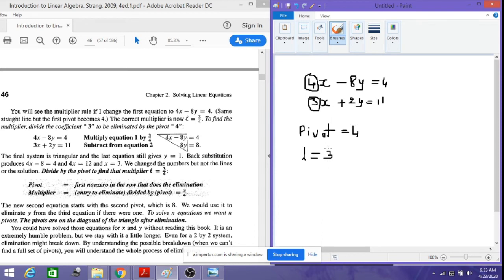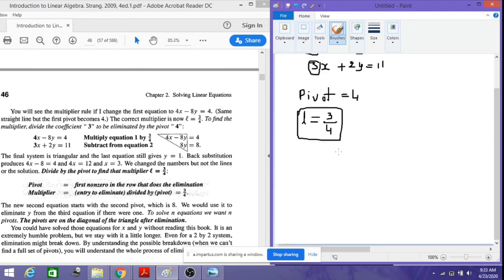If I want to remove this, it should be in a form something like this. So now my multiplier, I have to take L equal to 3 by 4. Let's see how this will work out. So L is equal to this. Now my multiplier is 3 by 4.